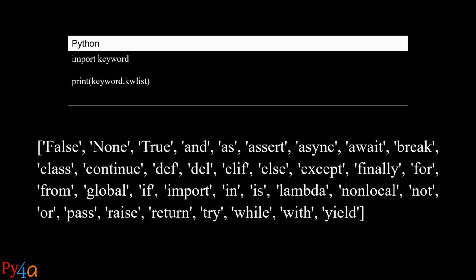You can see them: False, None, True, and, assert, async, await, break, class, continue, def, del, elif, else, except, finally, for, from, global, if, import, in, is, lambda, nonlocal, not, pass, or, raise, return, try, while, with, and yield.